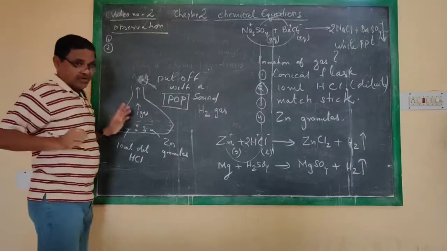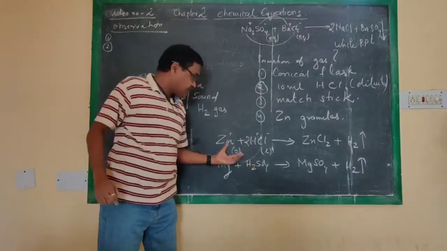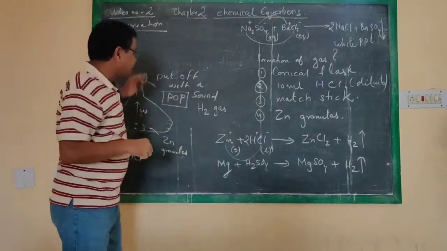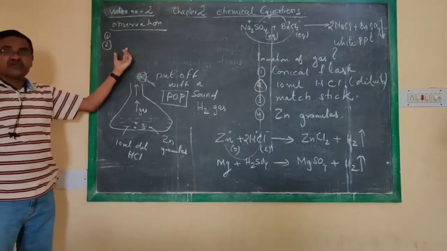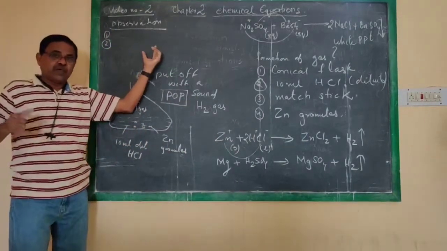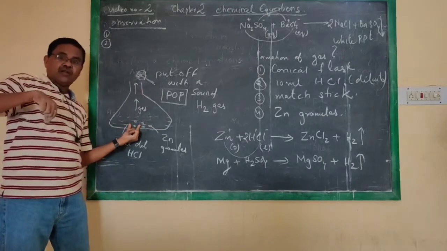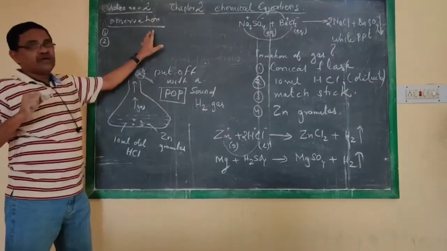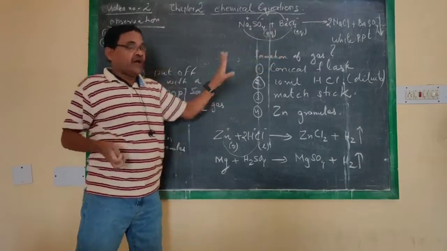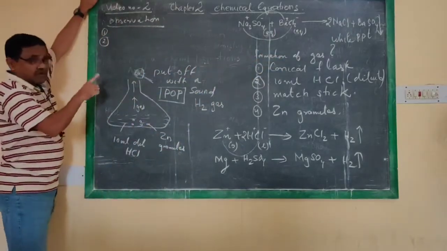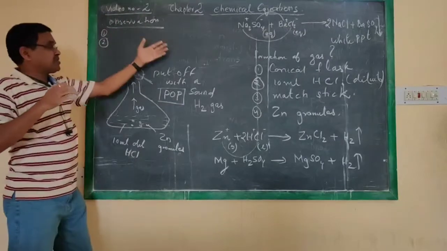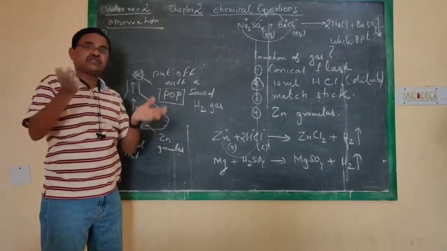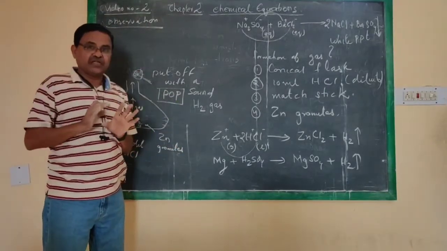Second point what we notice, sometimes we will have some insoluble substance, which is not soluble in that aqueous solution, we call it as a precipitate. That means in a reaction, what we can understand is the states can change, color can change, smell can change, properties can change.